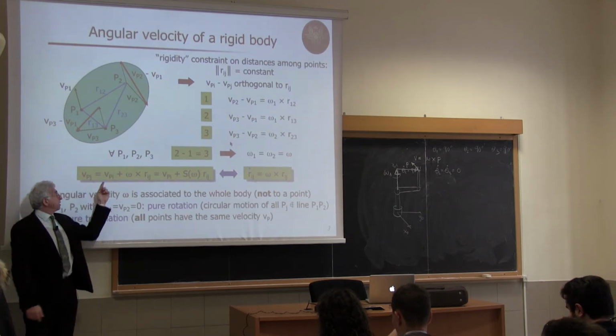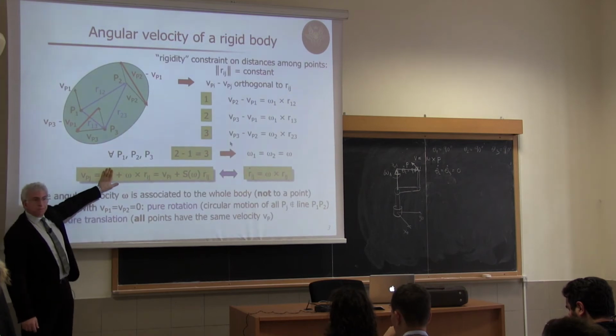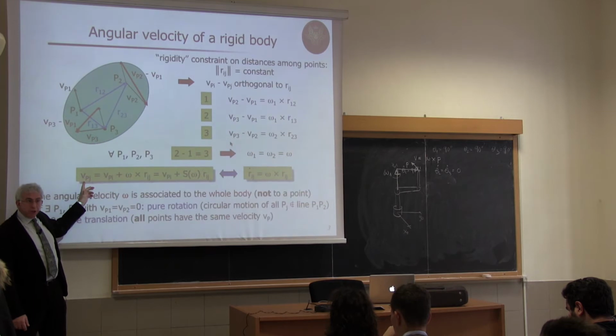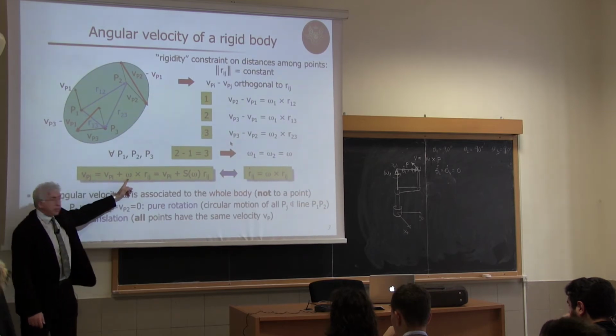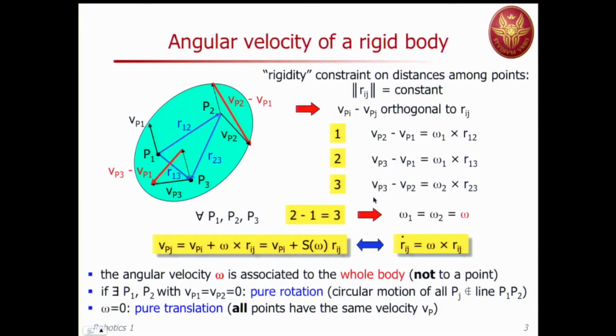If you take some point that has 0 velocity, still other points may have non-zero velocity because there is an angular velocity. This is the case of the Earth rotating on its axis on a fixed day in the year. Okay?